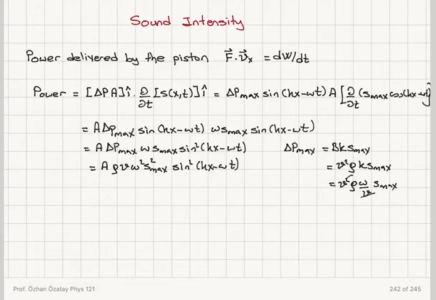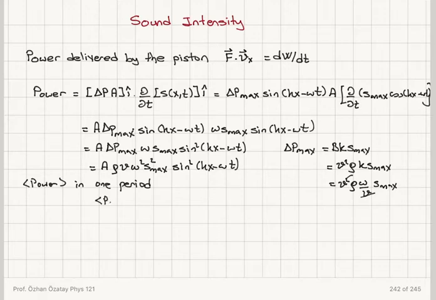Now I would like to know the time averaged power delivered, the average power in one period. So in one period of the oscillation, how much power do I deliver?